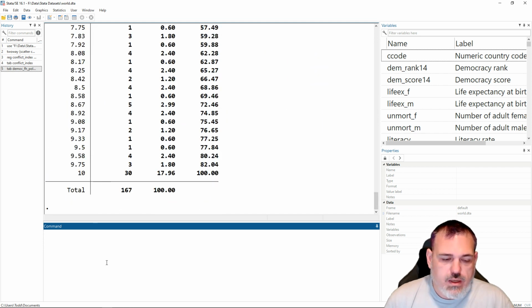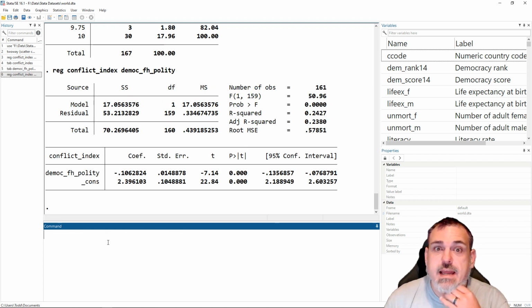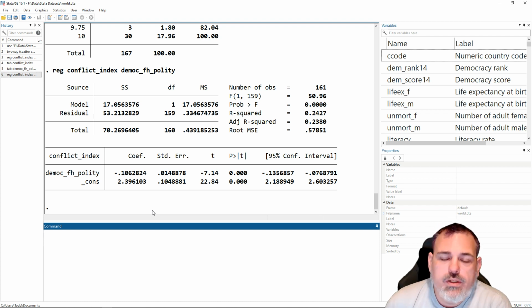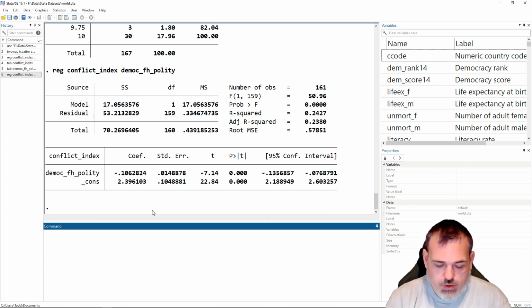So we have 10, and we're going to insert it in the equation. So I'm just going to put the regression back up and we say, let's say this country is 10. So what we're going to do is just plug 10 into the equation. So we're trying to solve for y. So what would the conflict index be?